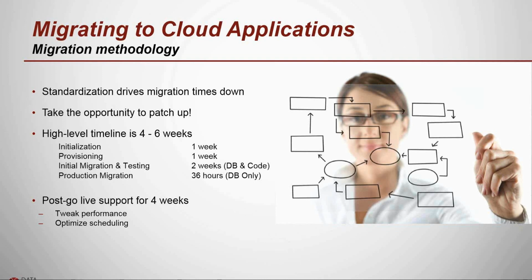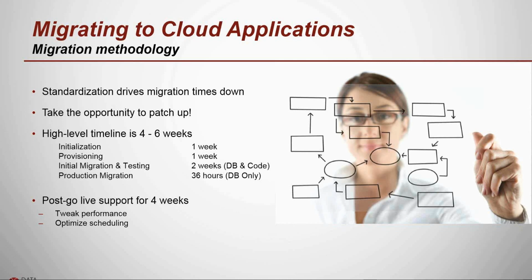For most migrations, they're running anywhere from 4 to 6 weeks. So a week for what we call the initialization phase, getting documentation put together, running through system configurations with the customer. Then we take a week for provisioning, and then we go through and do an initial migration. And we basically take a full copy of the customer's systems, the database and application systems. We migrate them over to the production hardware. They go in and do their testing.